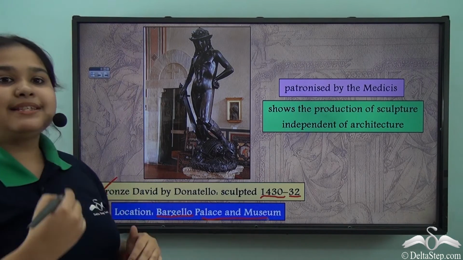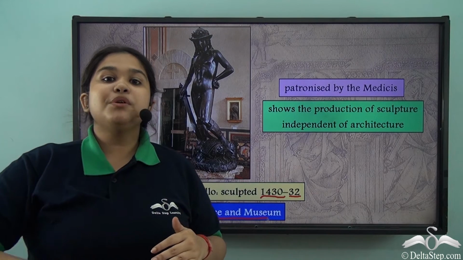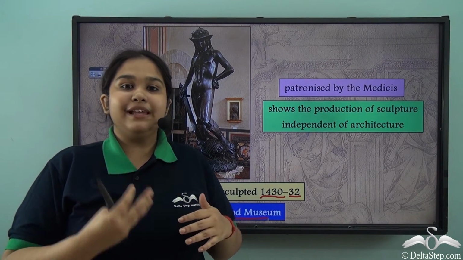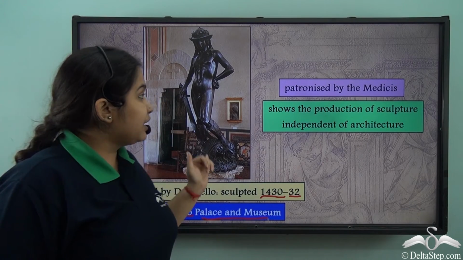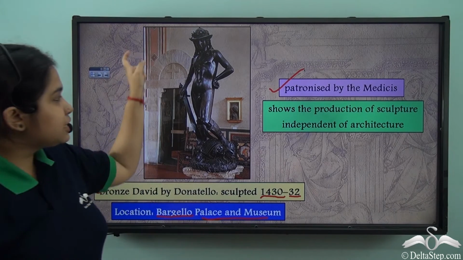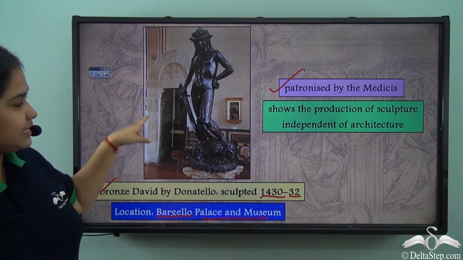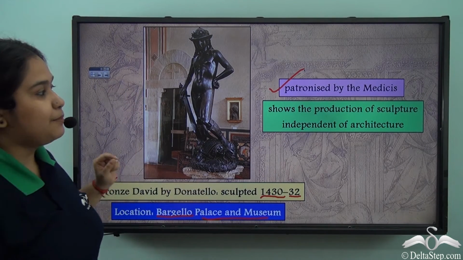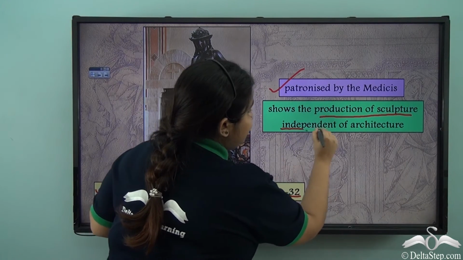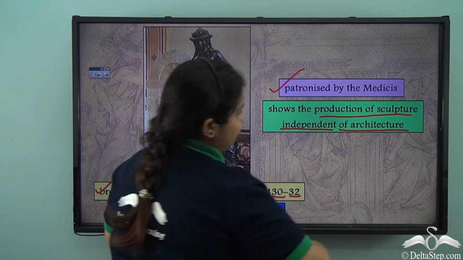So just like we discussed about Michelangelo and artists being patronized by the wealthy family of Medicis, Donatello was also patronized by the Medicis. And this particular bronze structure, the bronze David, shows the production of sculpture independent of architecture.